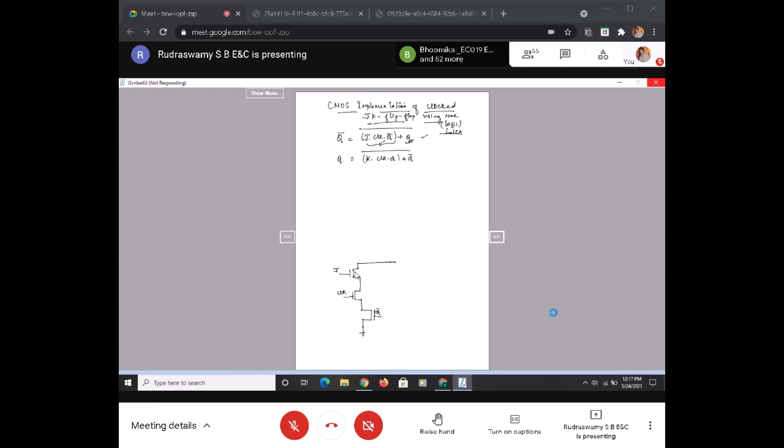So now, next thing is, what is the problem in latches? Can anyone tell me what are the disadvantages of a latch?